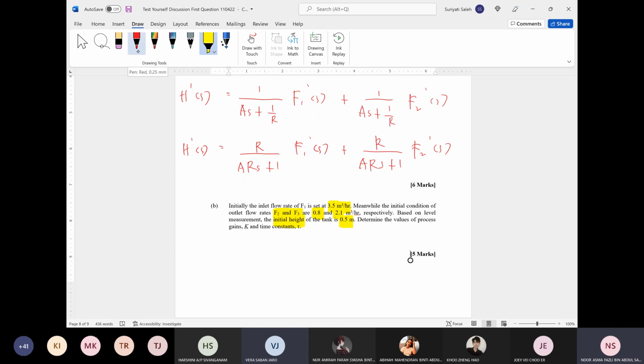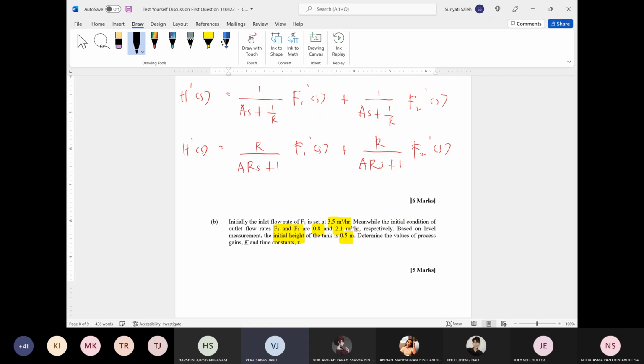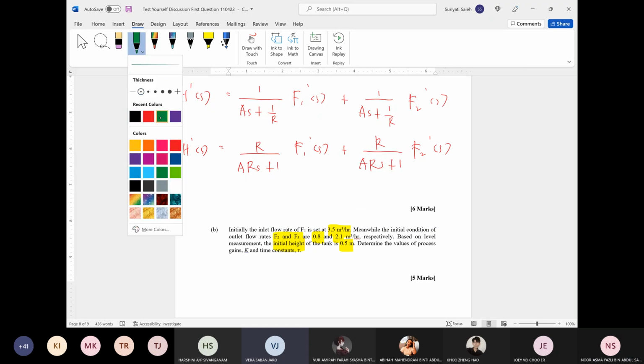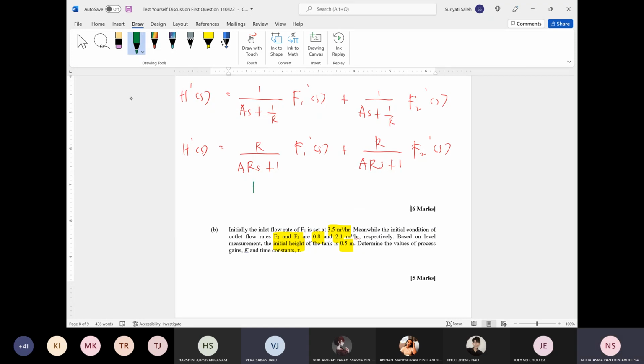So our K, if we try to compare with the first order form, K over tau s plus 1, this is also K over tau s plus 1, meaning that our K equal to R and the tau equal to AR.